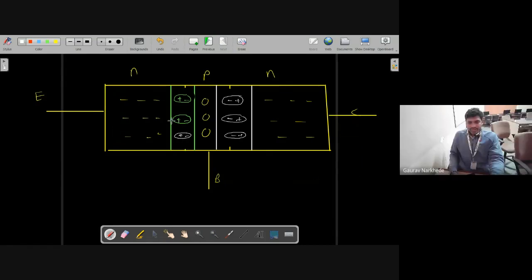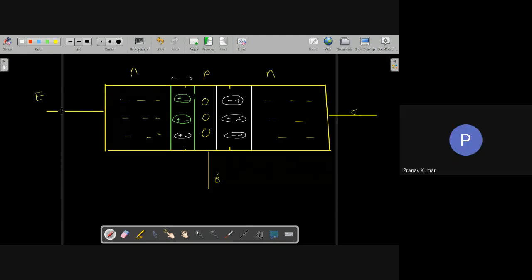So can I say this is one junction and this is another junction? This one is between emitter and base, so this is called the emitter base junction. This is also a junction or barrier between base and collector, so this is the collector base junction, correct?